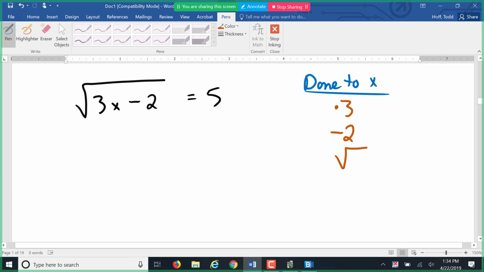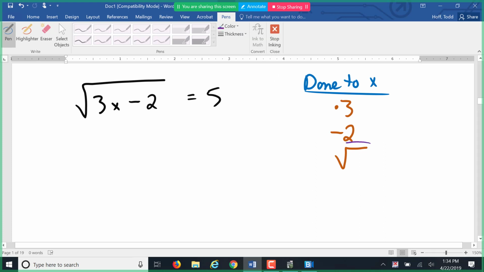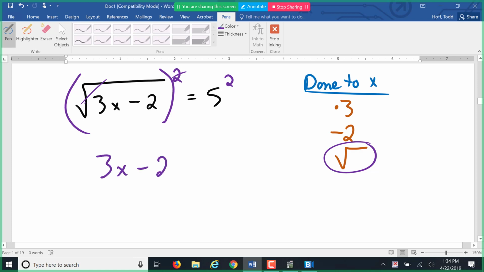So to take that apart, to reverse that, we're going to get rid of the square root first. How do we reverse a square root? We square it. Good. So the square root squared cancels out, and that gives us just 3x minus 2. What was inside the square root is left over. 5 squared is 25.